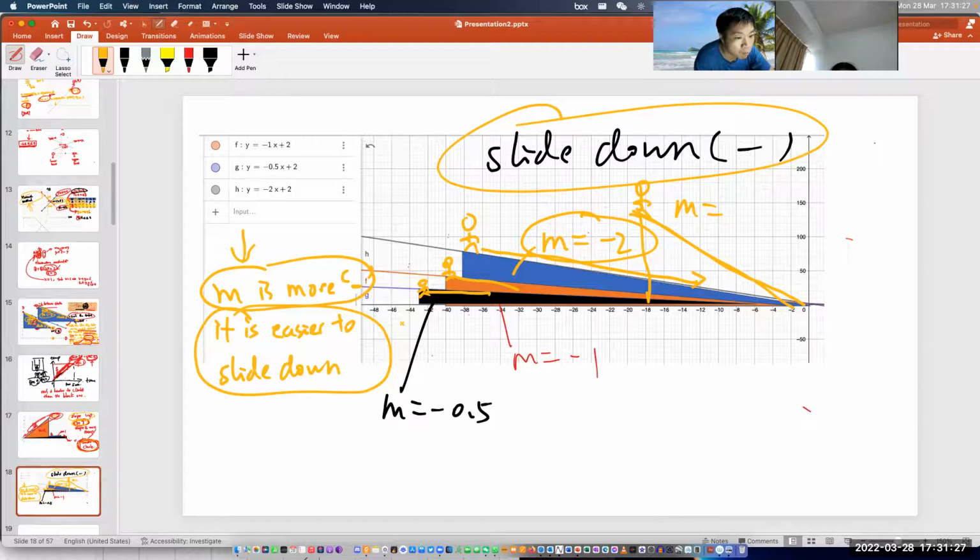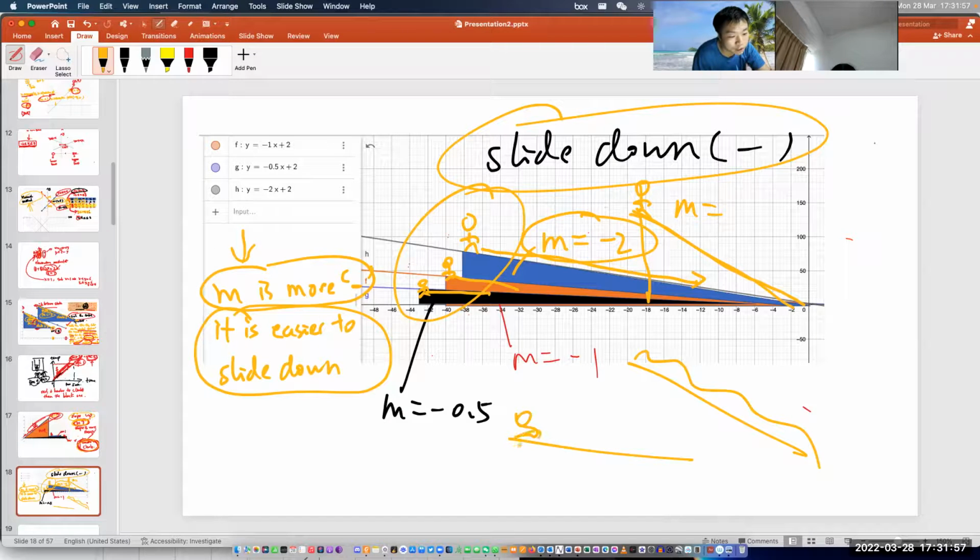If you want to experience it, just go to a playground, probably tomorrow, and you get to experience the slide. Most of the time, children like to play the steep slide, because they want to experience the adrenaline of coming down from a steep slide, instead of a flat surface.